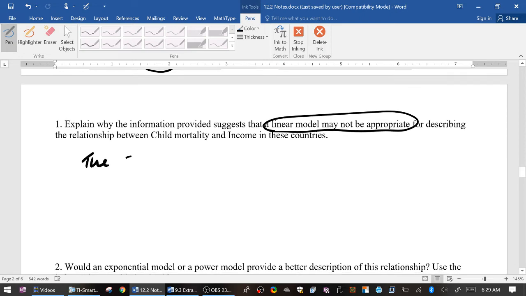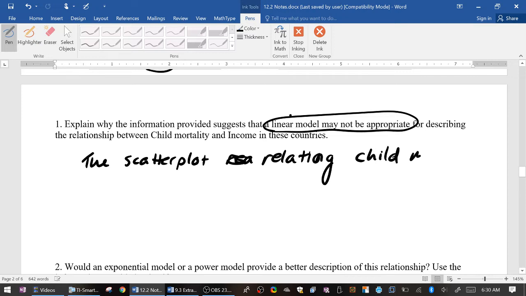We'll say the scatter plot relating child mortality and income shows a curve pattern.